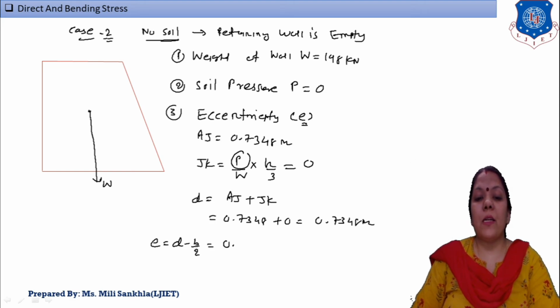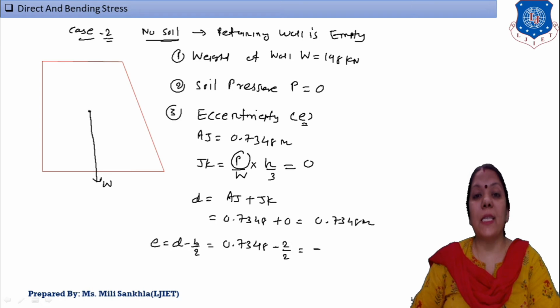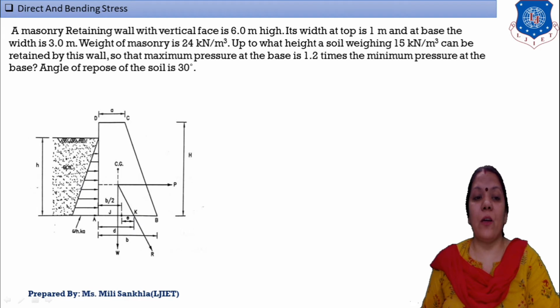What is D? D is equal to 0.7348 and B is given 2, so by 2. Again our answer of eccentricity we get in negative, and my answer of eccentricity E for no soil pressure is equal to 0.2652 meter. Now last we find out sigma max and sigma minimum.